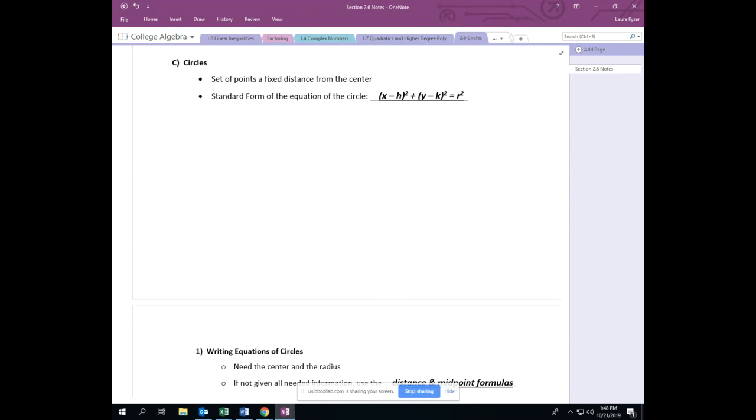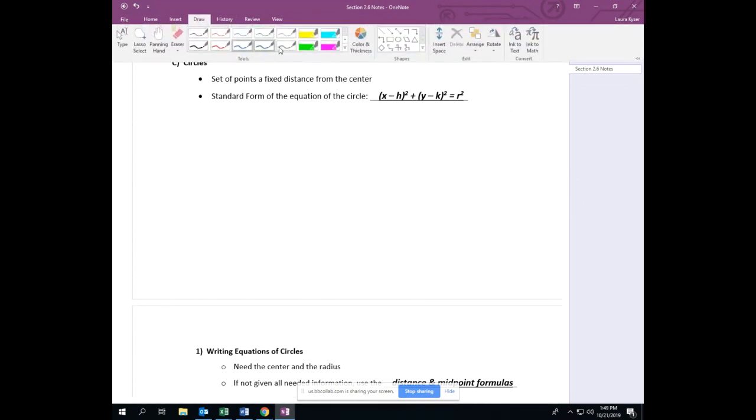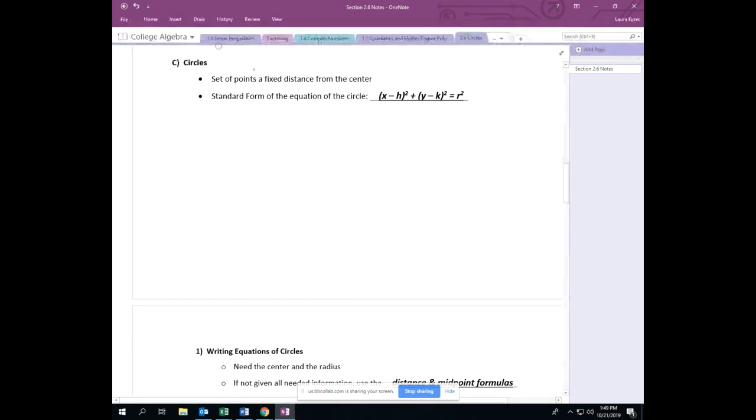And this fixed distance goes all the way around the center. That fixed distance is the radius of the circle. So that's the radius. And then the center's in the middle, and it is kind of like the guide point for the entire thing.